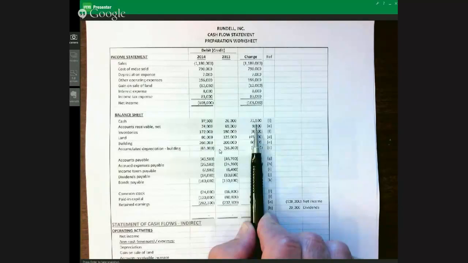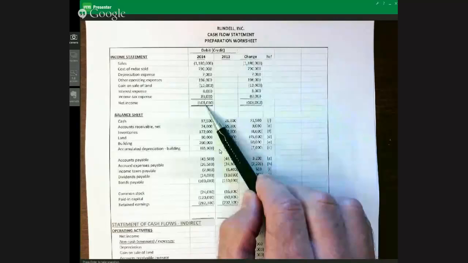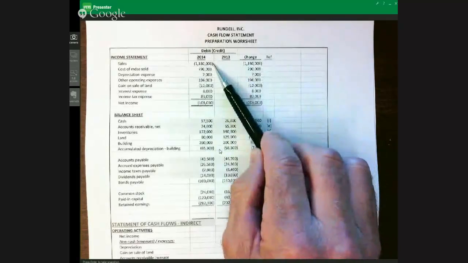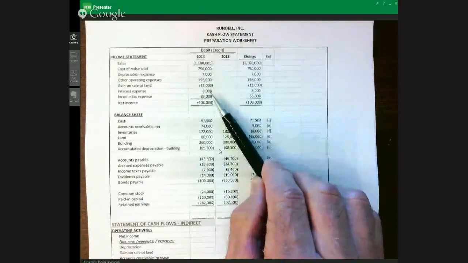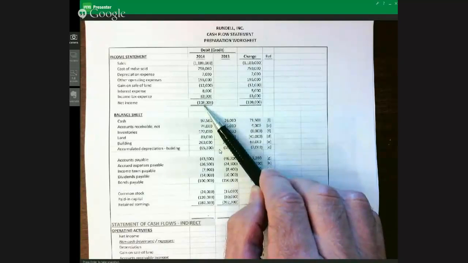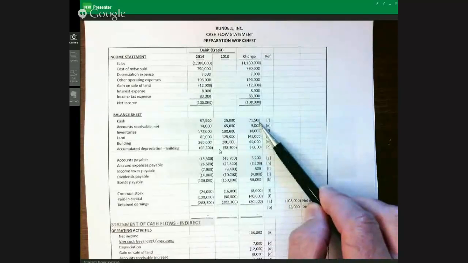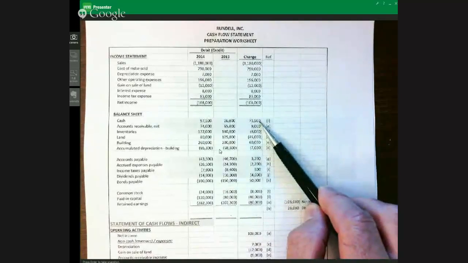But the owner is also going to notice, when the owner reviews the income statement, that sales were $1.18 million, less all the expenses, leaves net income of $108,000. And the owner will ask, well, if I have income of $108,000, why did my cash go up only $71,500? Who has been stealing my money? I want to know right away.